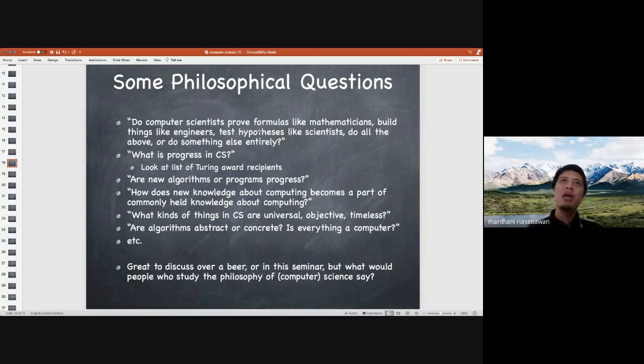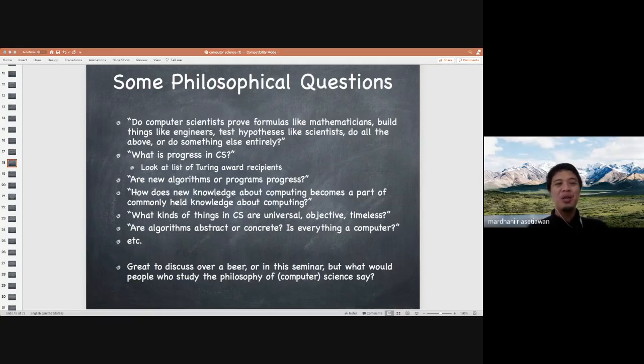Sometimes I hypothesize that adding computational resources will improve speed, but unfortunately not, so my hypothesis fails. And we also do all the above, and something else.